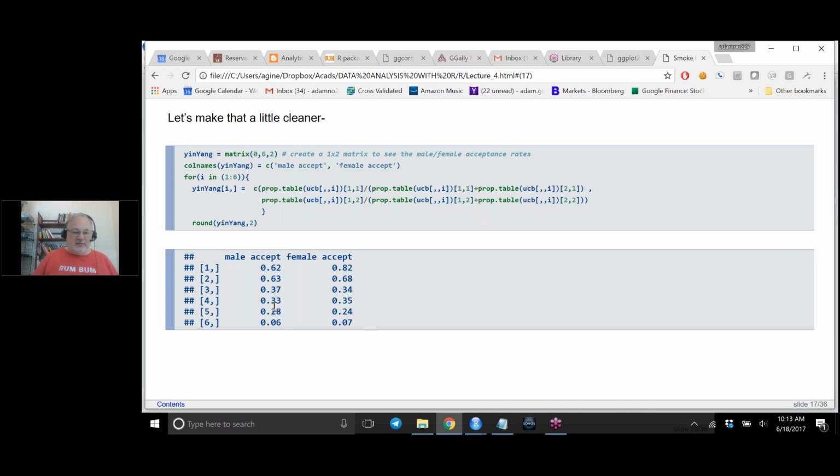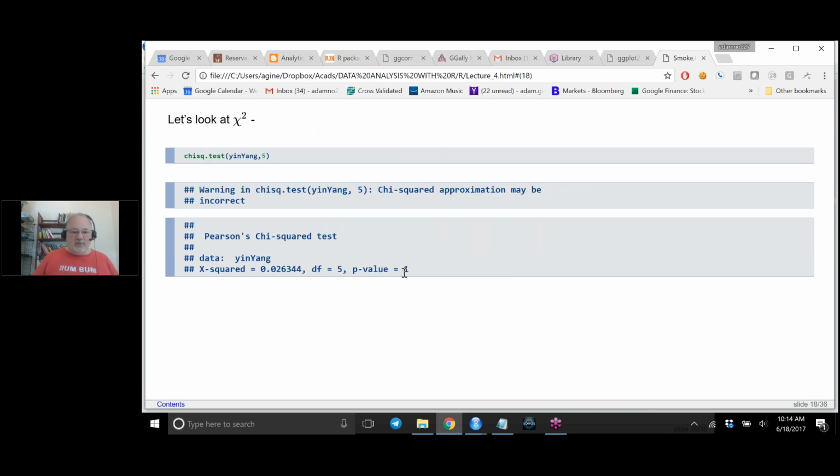So the hypothesis is the male acceptance rate is the same as the female acceptance rate when you look across all departments. So here the p-value of 1 means you accept, with almost moral certainty, the hypothesis that there is no difference between the men and the women's acceptance rate. And this is what the Berkeley statisticians went to court and argued, and they won.